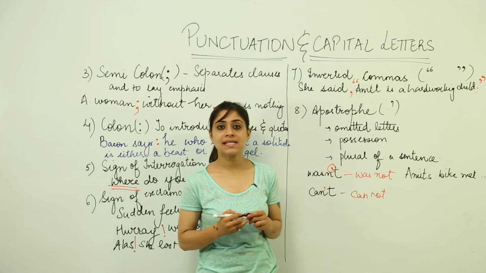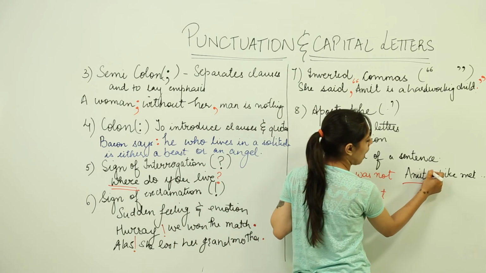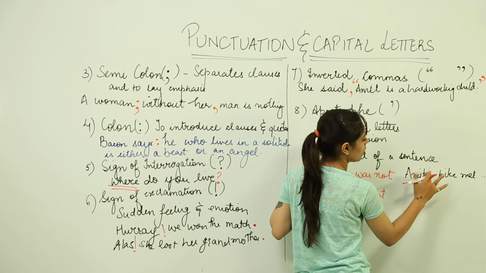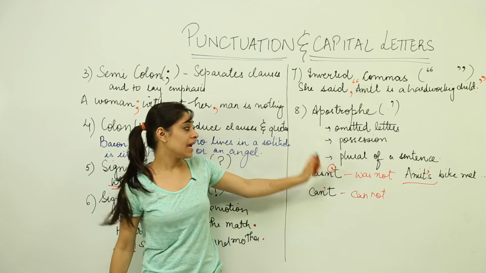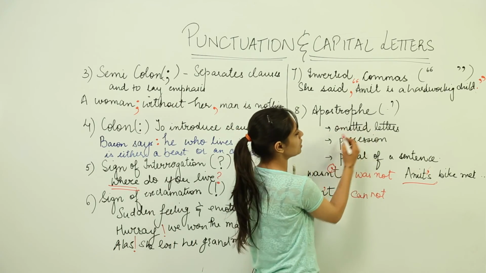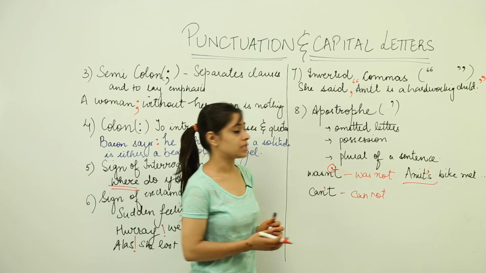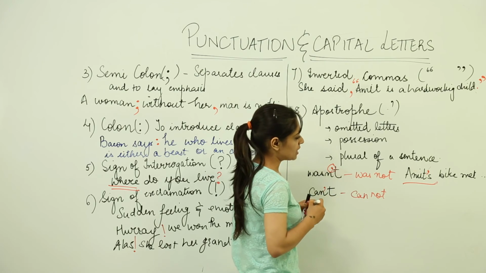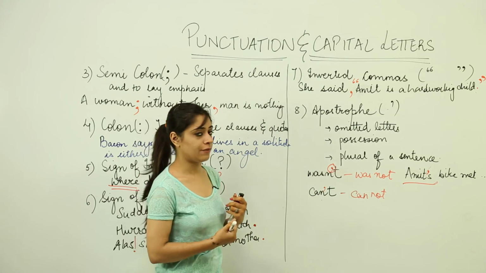So we need to understand here that we're going to use an apostrophe in Amit's, because we are talking about possession here. It is Amit's bike. So we use apostrophe in terms of possession. Moving on, plural of a sentence. Now for example, explaining the plural of certain sentences, we use apostrophe.